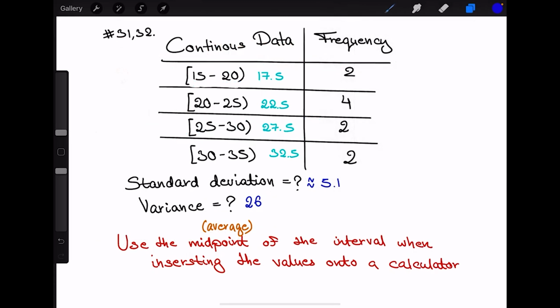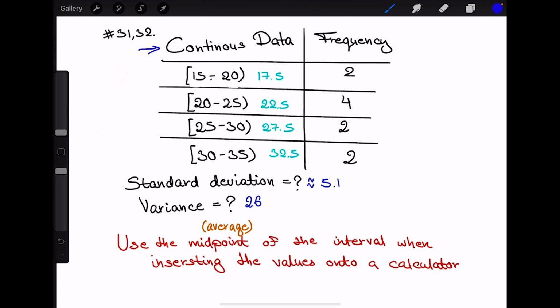Now let's look at question 31 and 32. Here you have continuous data, so intervals of numbers instead of just a simple list of numbers. When you insert the values into your calculator, you have to pick the midpoint or just the average of the interval.